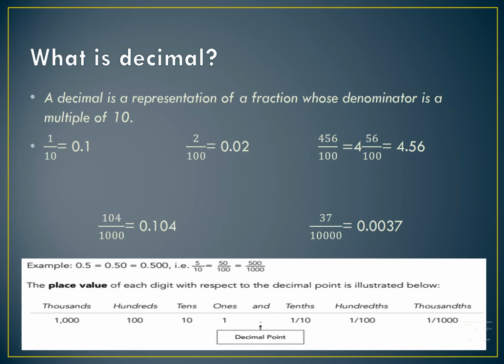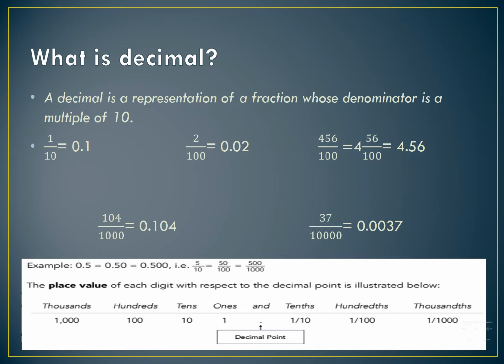This one, 104 over 1000. If we are going to read this, its equivalent in decimal is 104 thousandths. 37 over 10,000 will be 37 ten-thousandths. Here at the bottom, we have the place value of each digit with respect to the decimal point, illustrated below.